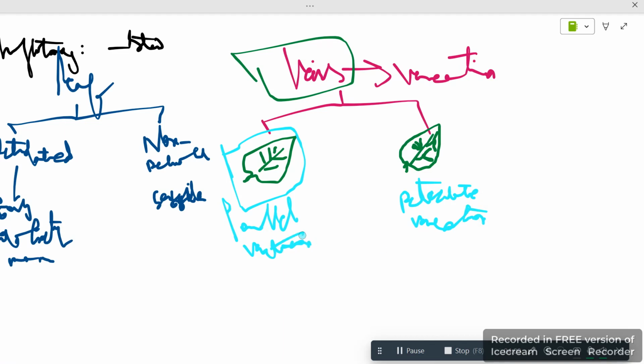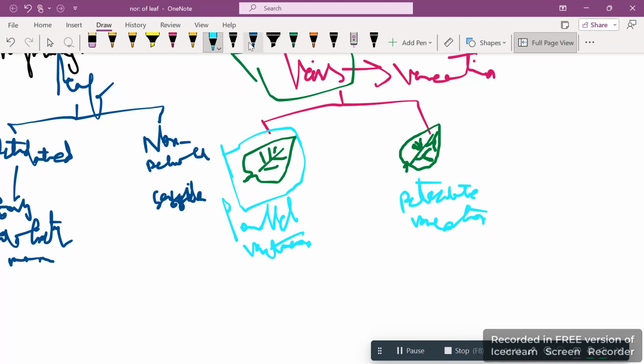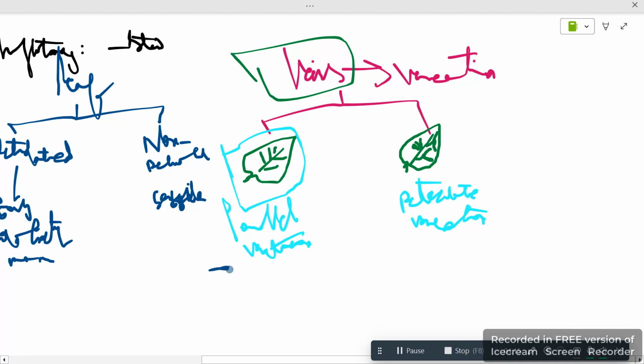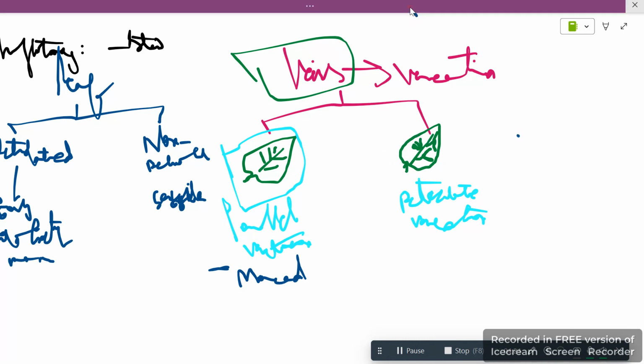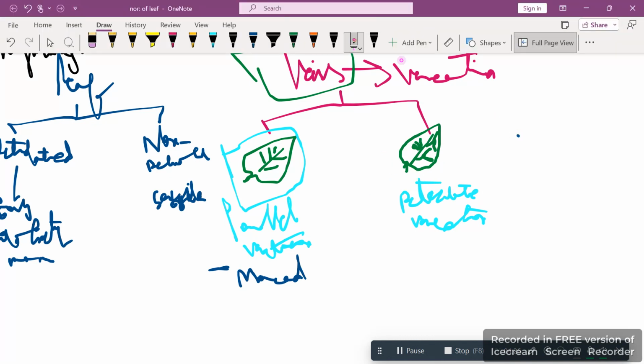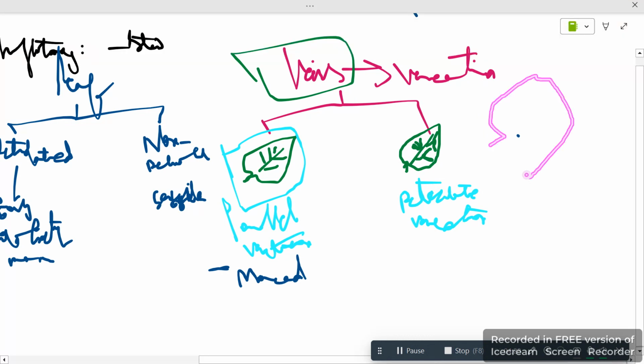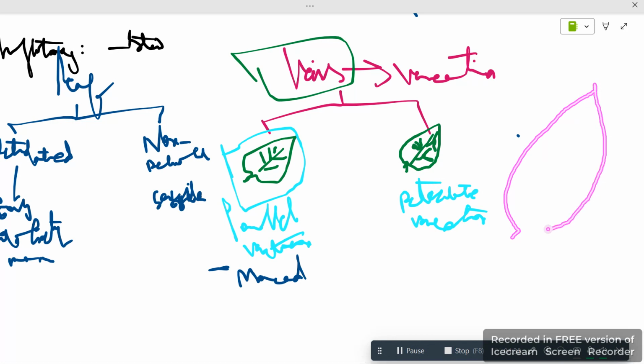Then these parallel venations are known as monocot. This means only one. I'm not sure that you have understood this arrangement, so I'm just making it again with the magic pen. So if this is the leaf, in this structure you'll find lines.